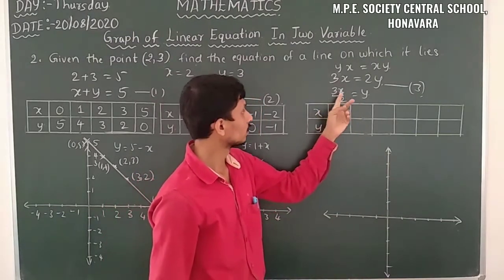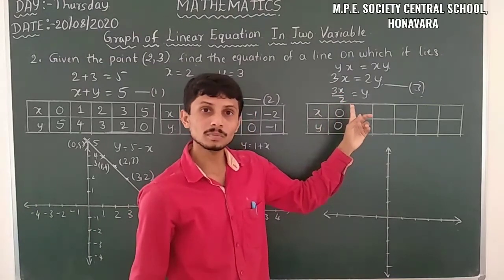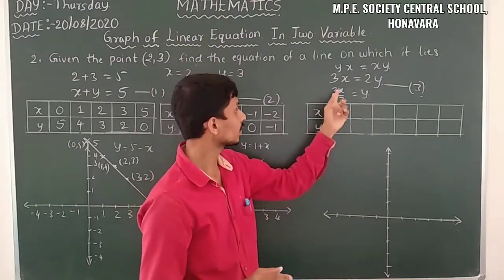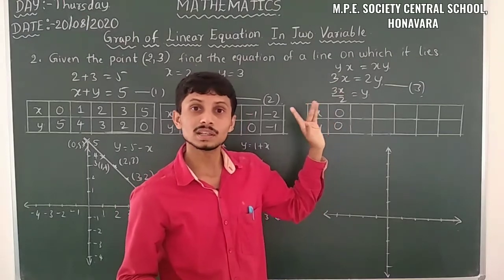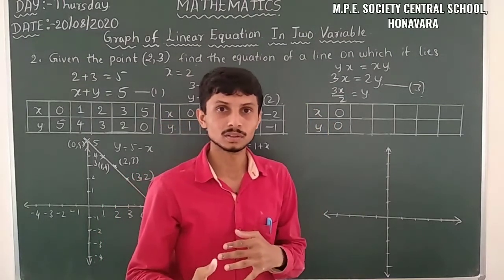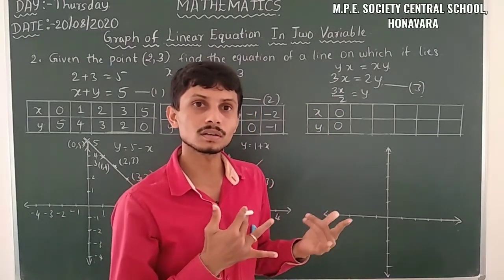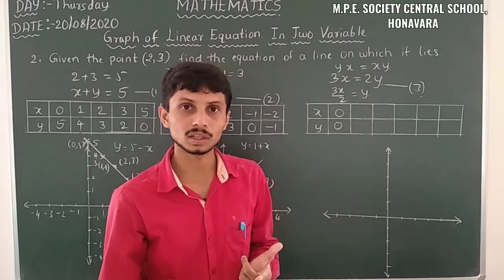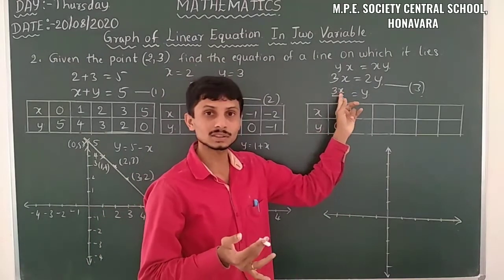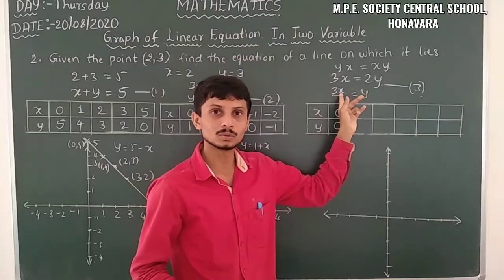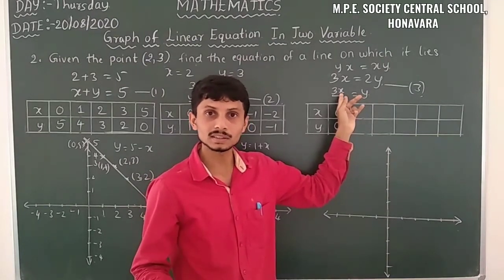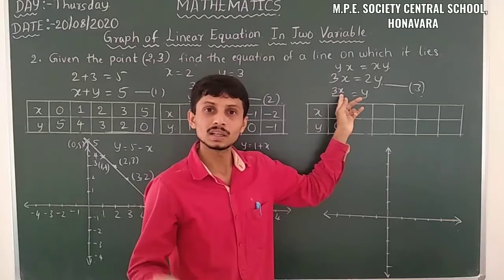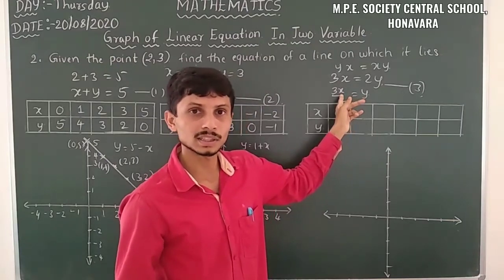Just observe here that in the denominator 2 is there, and in the numerator 3 into x multiplication. So be aware of the rational numbers. When you insert the value of x is equal to 1, it becomes 3 by 2. So that means it is not an integer; there is a possibility of only rational numbers. That's why I am telling you.